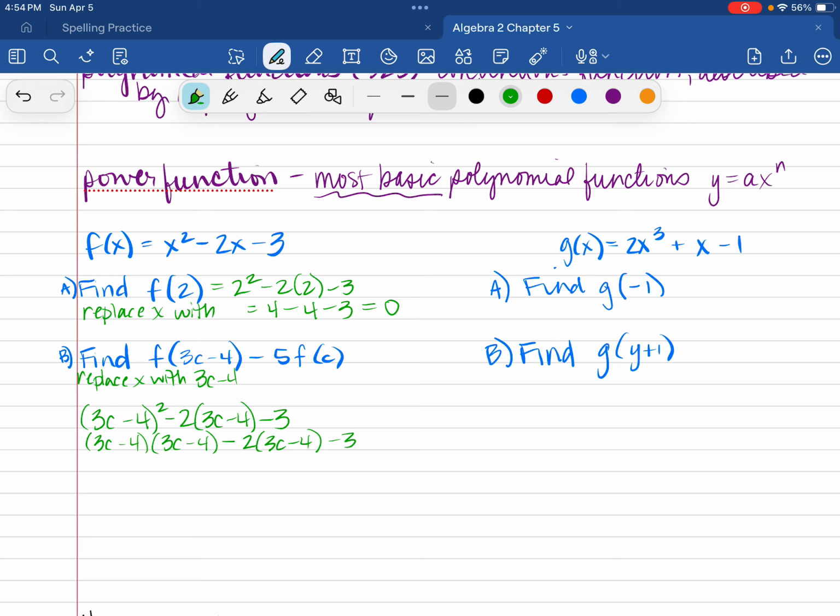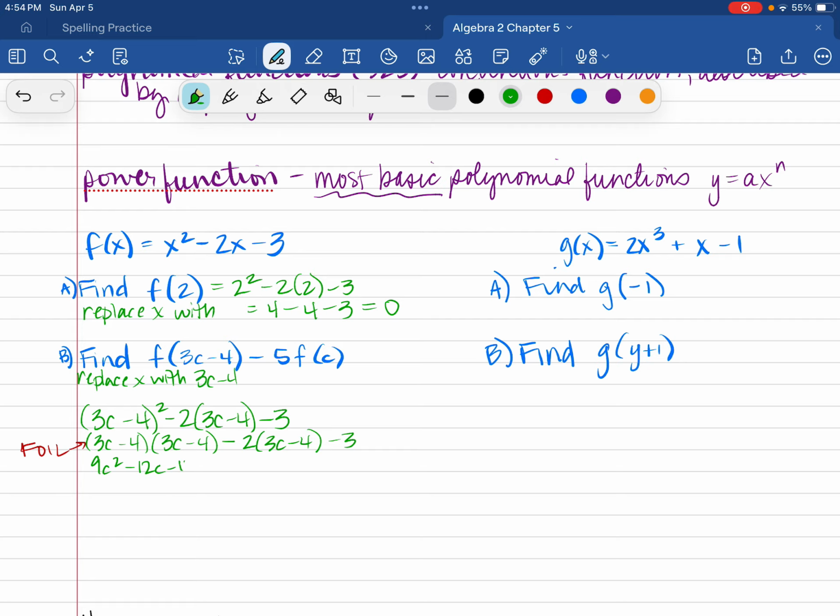When we multiply this part, we are going to FOIL the 3c minus 4 times 3c minus 4. And when I do that, I'm going to get my first 3c times 3c is 9c squared. 3c times -4 is our outside, so that'd be -12c.